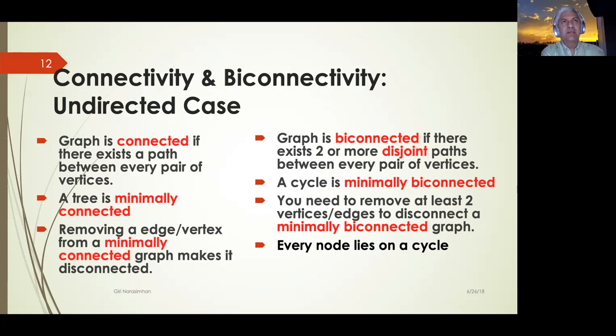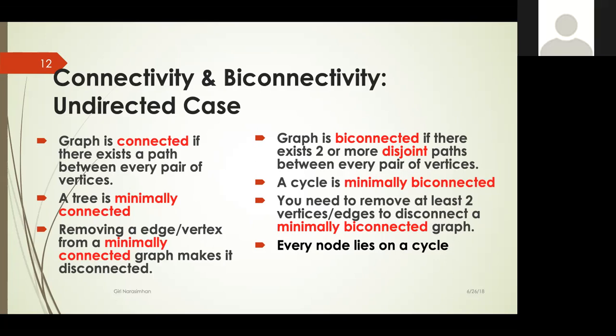A graph is biconnected if there exist two disjoint paths between every pair of vertices. Now, these two paths cannot intersect. They cannot touch on any vertex. So in some sense, connectivity simply requires that you find one path between a pair of vertices. Here it says for any pair of vertices, you need to find two disjoint paths. Does that make sense? Everyone understand this definition?